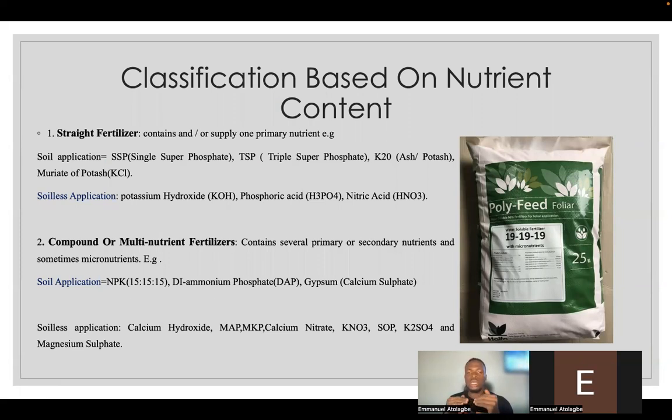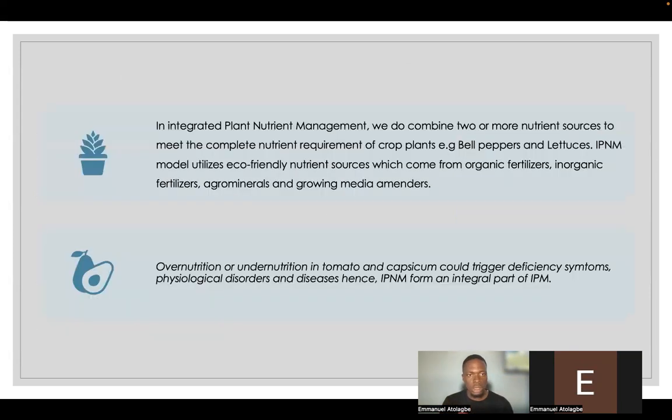When you are approaching a pH that is more than 6, or more than the required pH for a plant, you add phosphoric acid, which is a straight fertilizer, and you have been using, say, for instance, calcium nitrate, MAP, potassium nitrate, and the like. So in integrated pest management, how can you combine this together to give your plant what it needs?